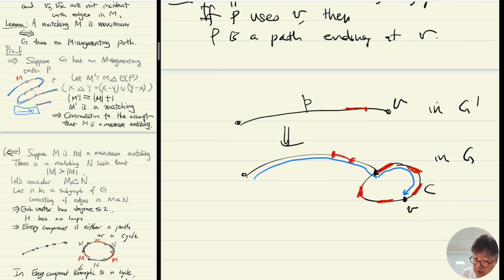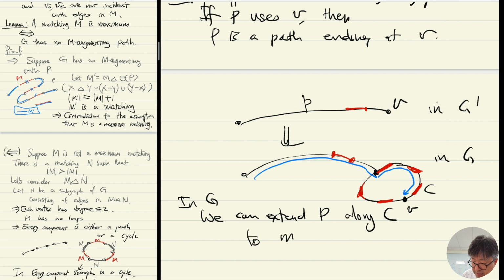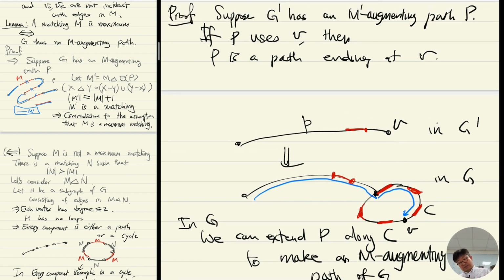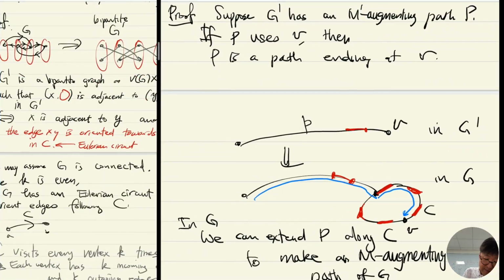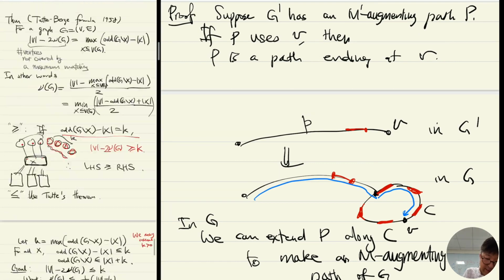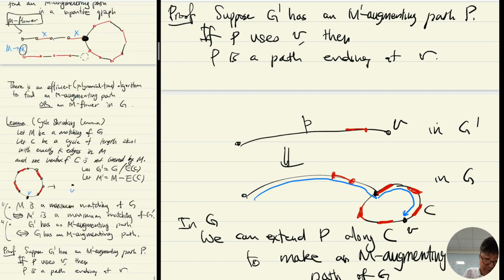So in G, we can extend P along C to make an M augmenting path of G. So this gives a proof of one direction. So if G prime has an M augmenting path, then so does G.